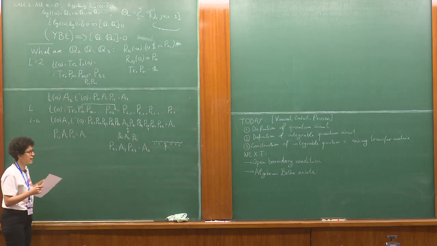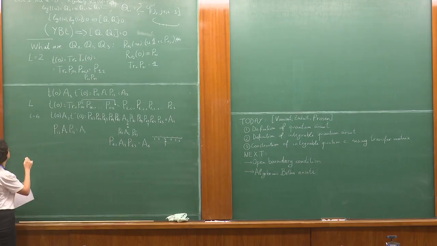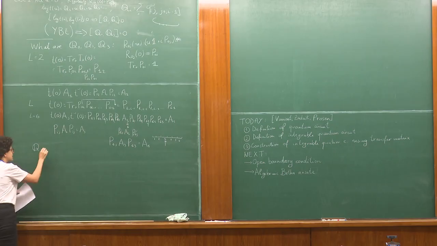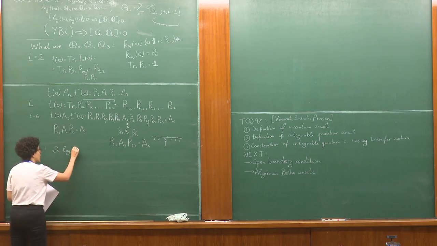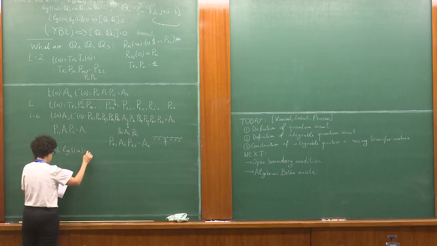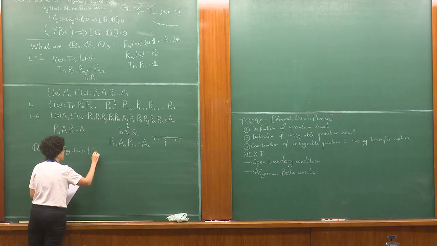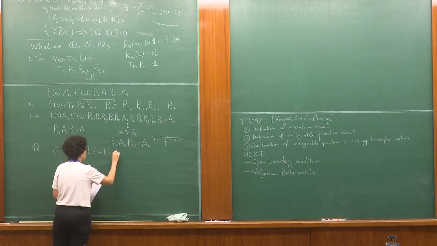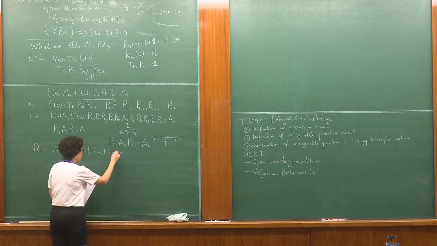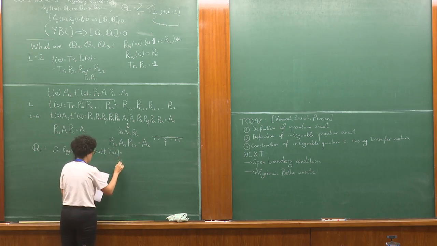Let's see what is Q2. I will not do it again because Laura did yesterday. The second one, Q2, is related to the Hamiltonian in this way. If we take the derivative of log t of u, this is just t to the minus 1 of u times t prime of u, and then we evaluate at u equals 0.